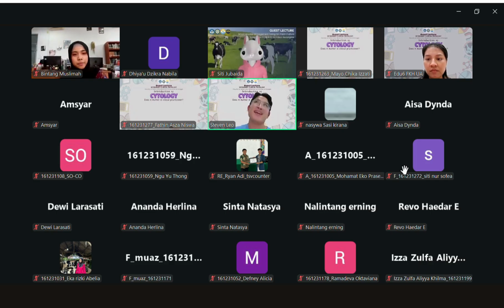If it's in the fibrous tissue, we call it fibrosarcoma. If it's in the bone, let's say the long bones, we call it osteosarcoma.